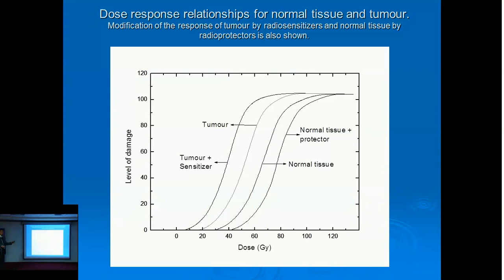And unfortunately, as far as radiation protection, normal tissue protection is concerned, it is only amifostine that I know has been tried and can provide some level of protection to the bone marrow, to the liver, and to some of the tissues, but does not provide protection to the lung and the central nervous system. So many of the protectors that have been tried are highly toxic.